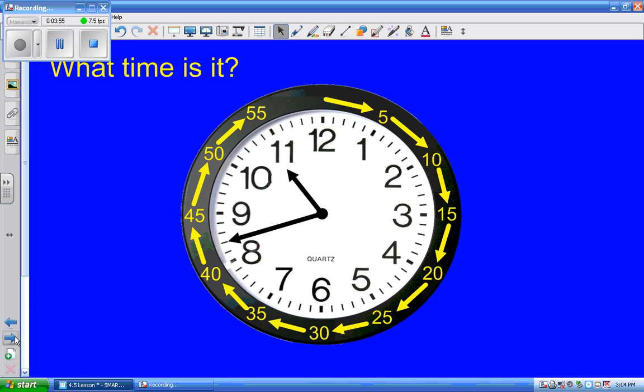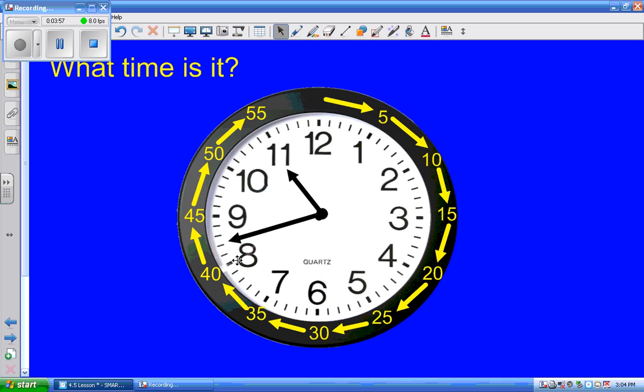Up to here is 40. 10:42. So 41, 42, 10:42. That's good. Now, is there another way to tell this one besides 10:42? Haley. 42 after 10. Okay, 42 minutes after 10. And another one, Caitlin? 17 minutes to 11.